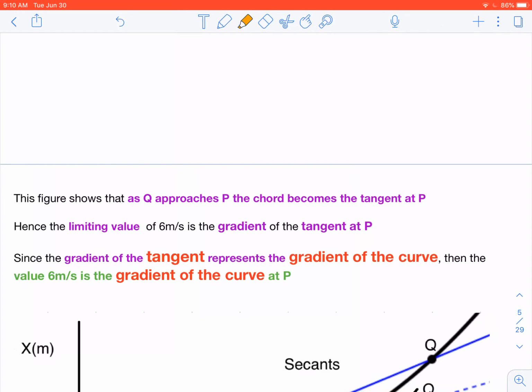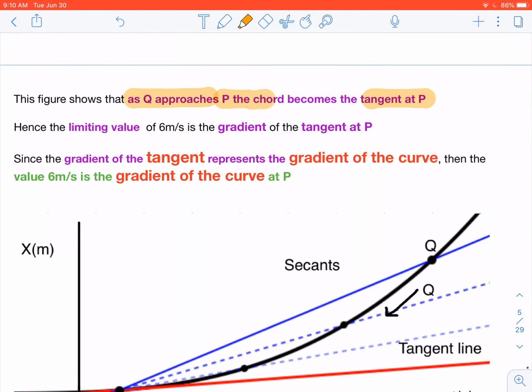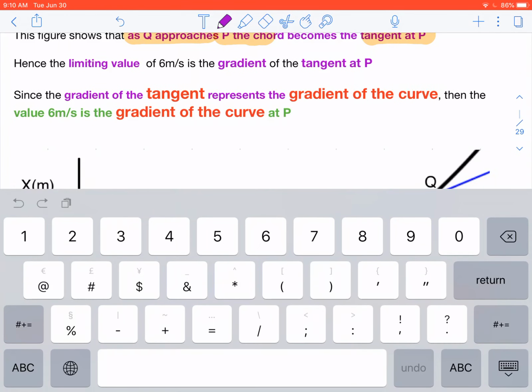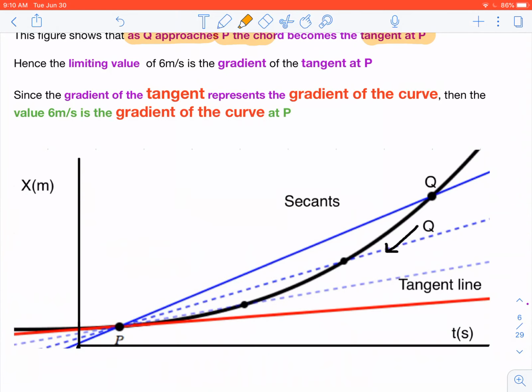So the figure shows that as Q approaches P, the chord becomes a tangent. Here's a chord, and as this is moving that way towards P, as it gets closer towards P, the chord actually becomes this tangent line.